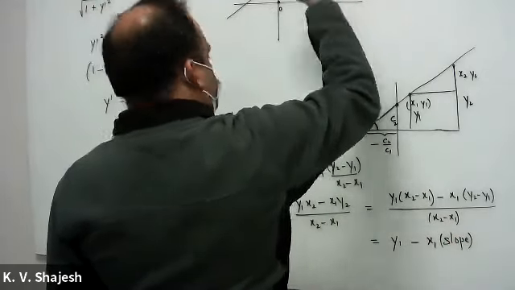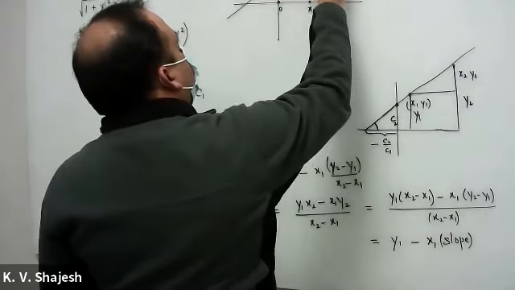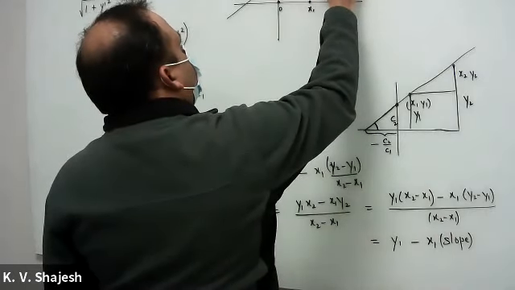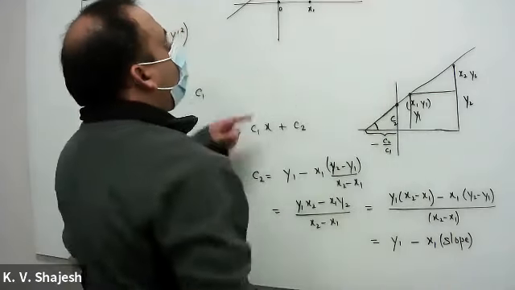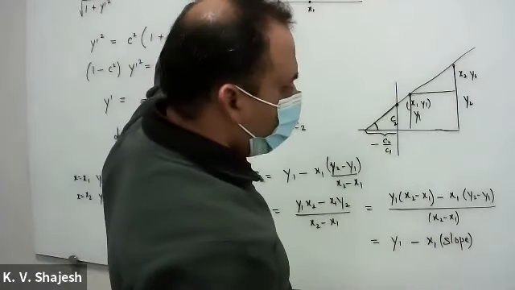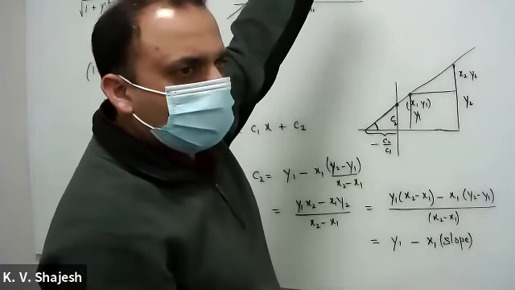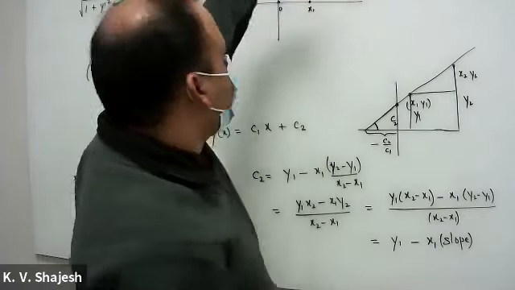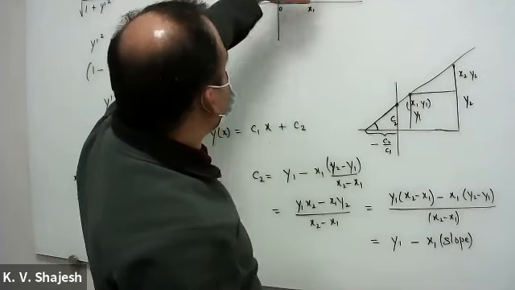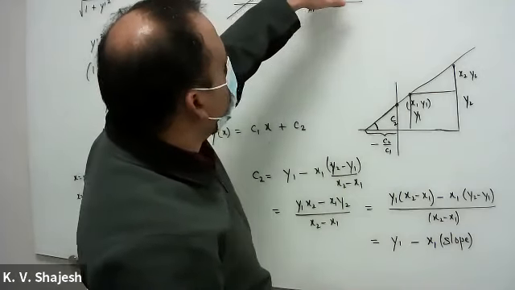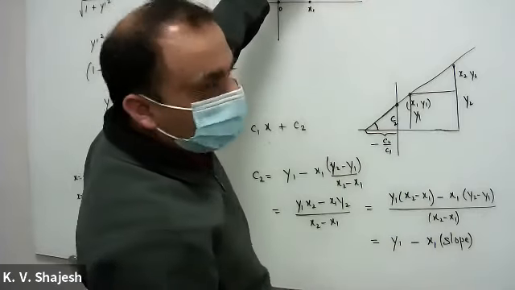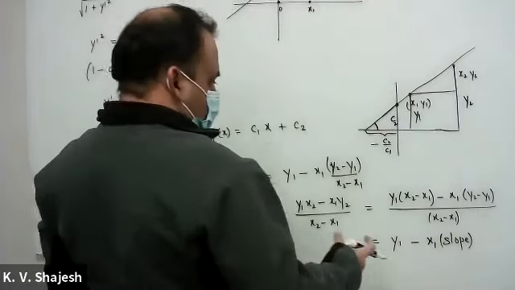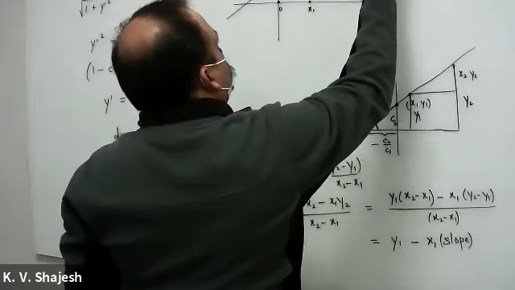This quantity is actually x1 times slope. That's the definition of slope: rise over run. So run times the slope should give you the rise. Right? So that's your rise, and y1 is the whole distance here.